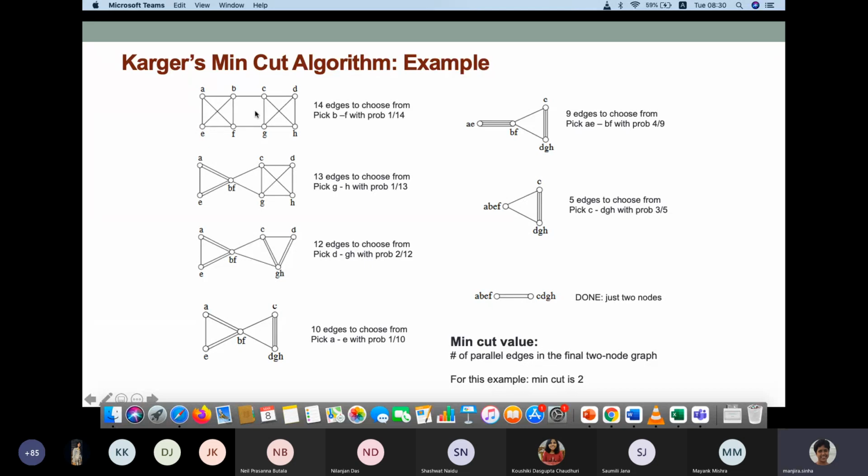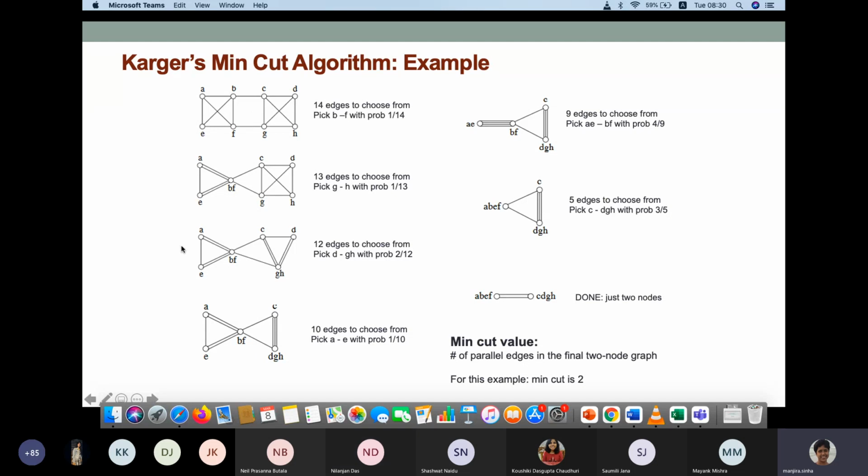So actually, when you implement it, what happens? You are picking randomly, assigning a random probability to each node to get picked up. Did I answer your question? Yes, ma'am.